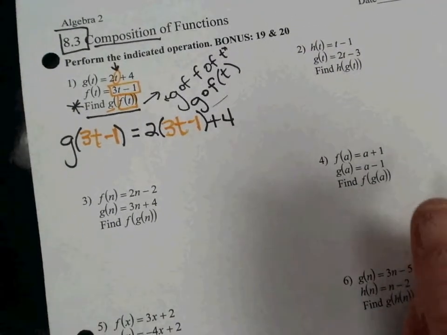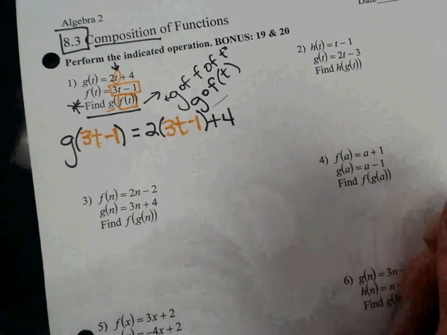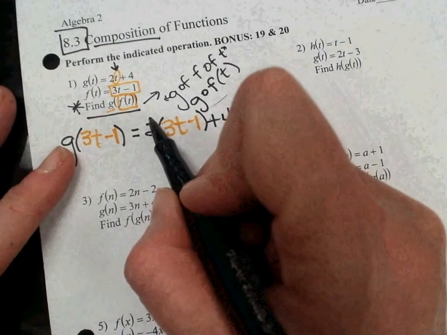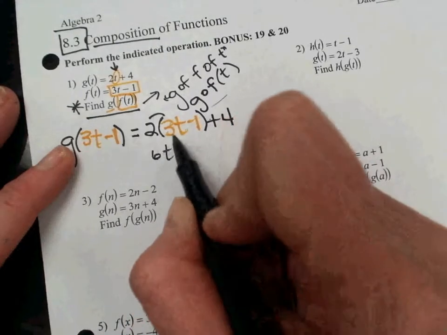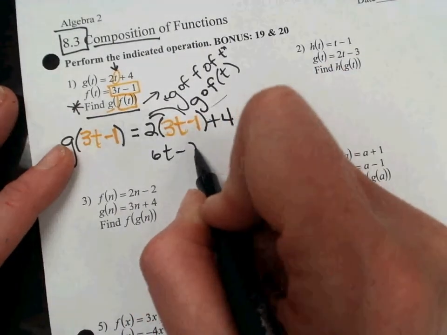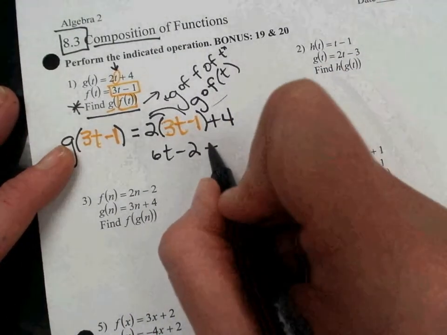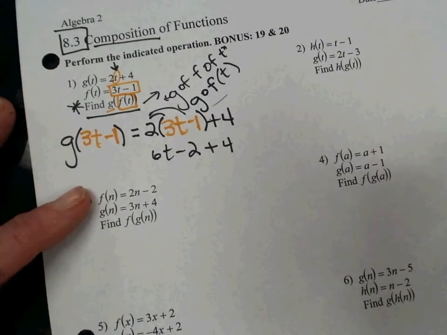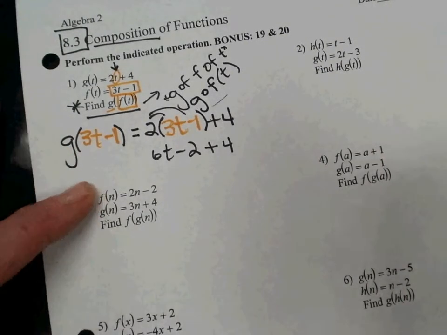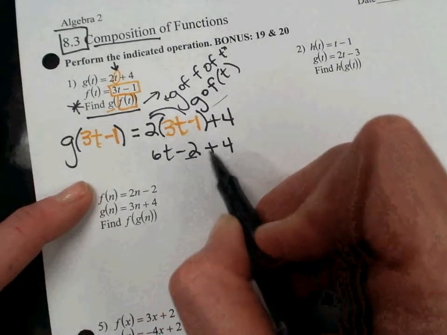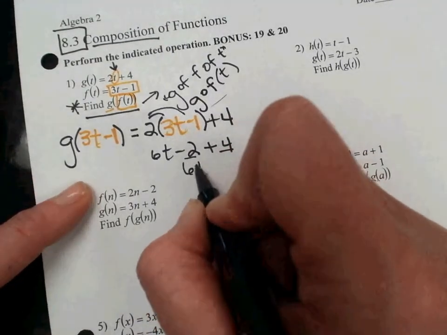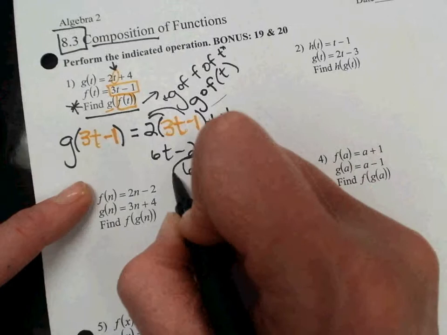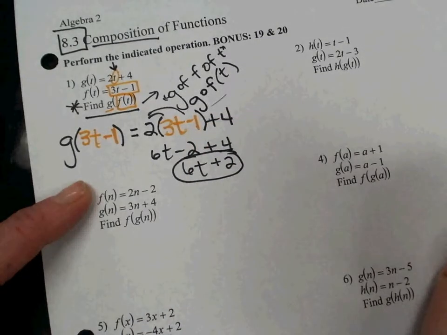And then we just distribute and simplify. So 6t minus 2 plus 4. And then combine like terms. The minus 2 and the plus 4, so this is 6t plus 2. Final answer.